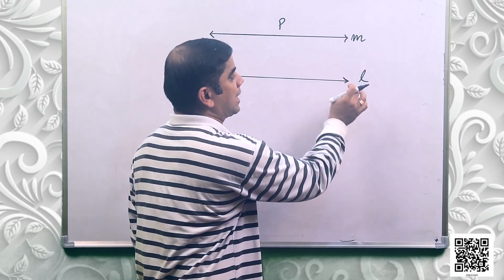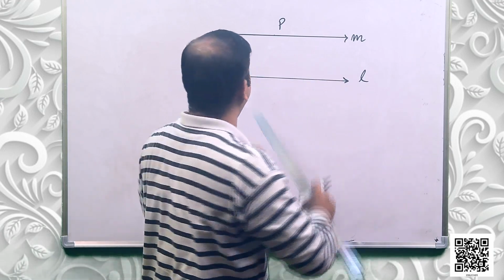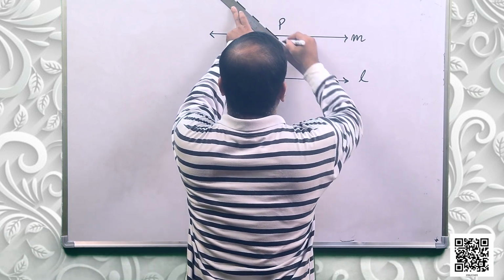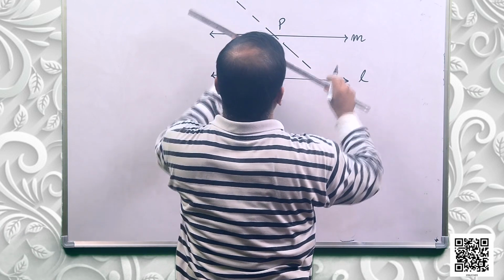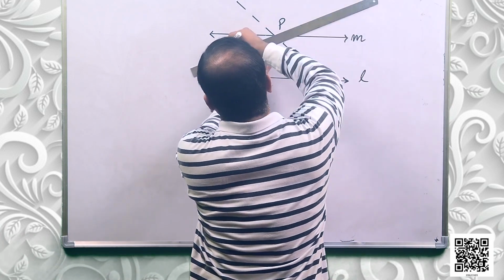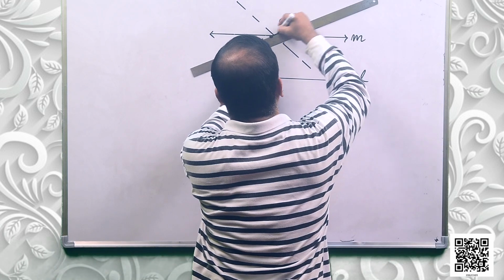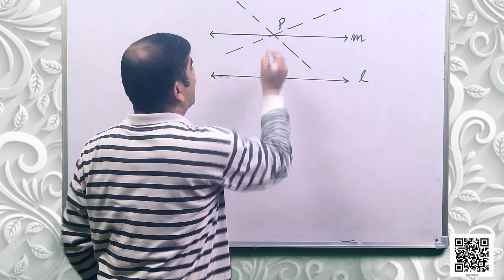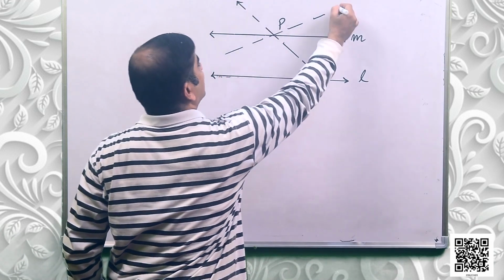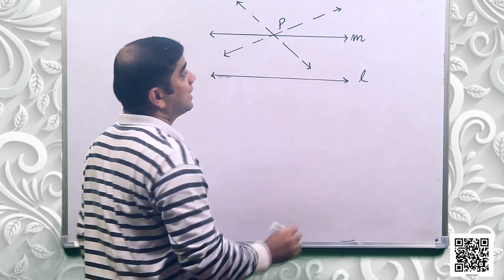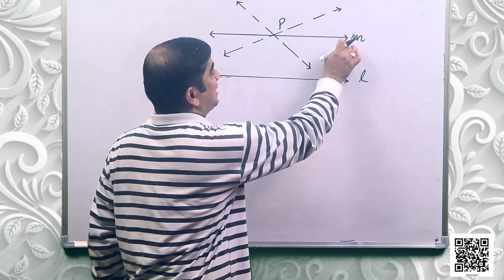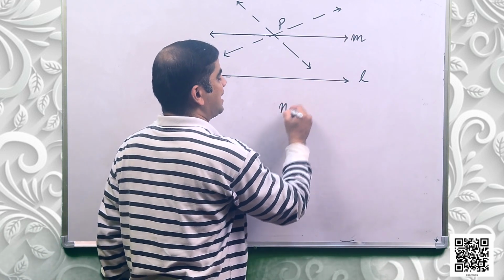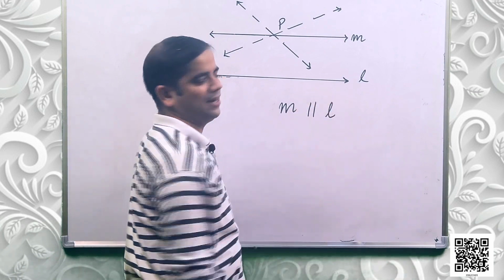This only line is parallel to L. As we have discussed previously, there might be many more lines which can go through P. We can draw infinite number of lines, since infinite number of lines can pass through a single point. So these are the other lines, but the line M is unique because it is parallel to line L, and I can say M is parallel to L.